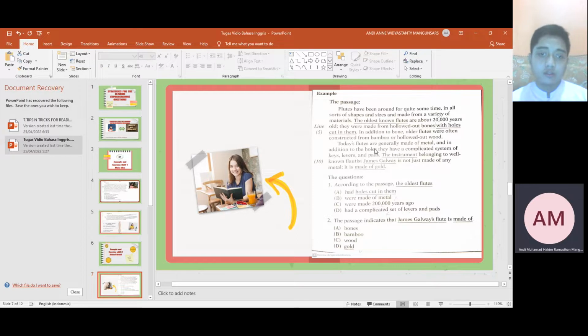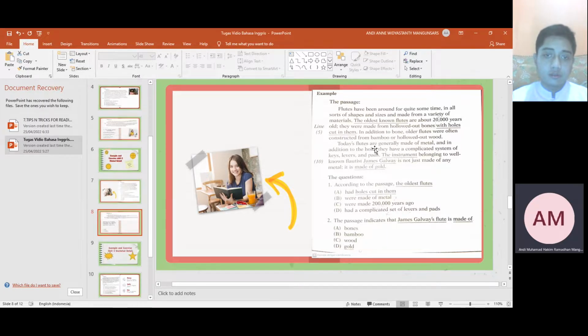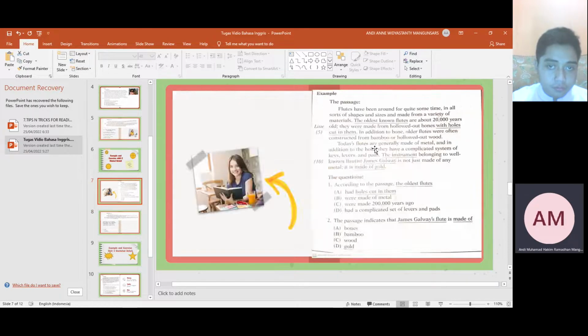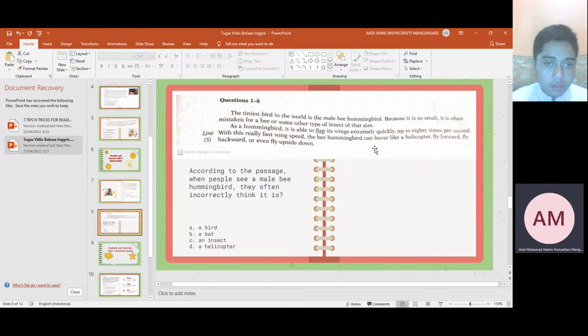This is simple. In this exercise about detail. Next, according to the passage, when people see a male bee hummingbird, they often incorrectly think it is.